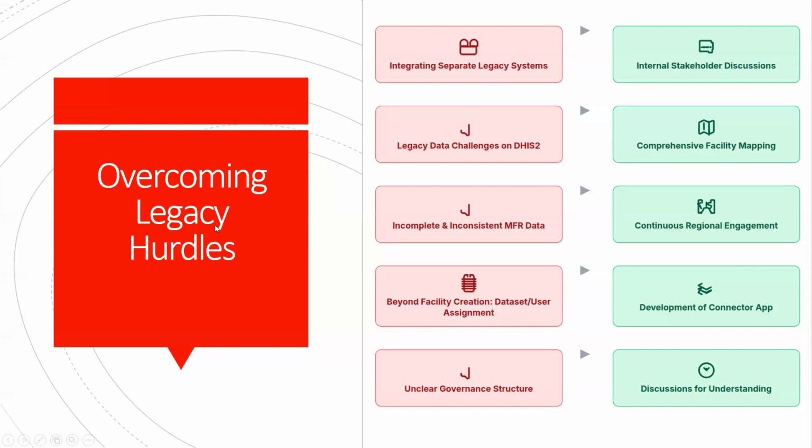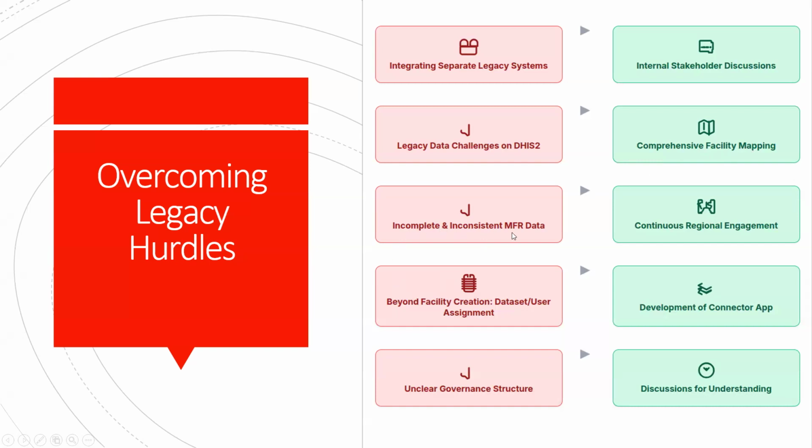The big challenge was integrating separate legacy systems. So what is the solution? We created internal stakeholder discussion and communication, and that helps a lot. For the legacy data challenge, comprehensive facility mapping was a big solution for us.